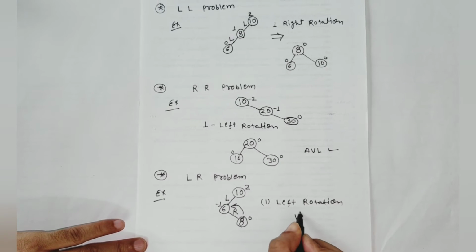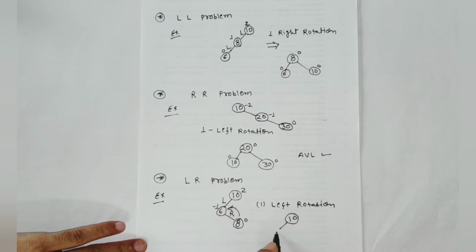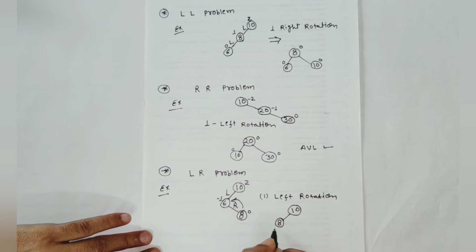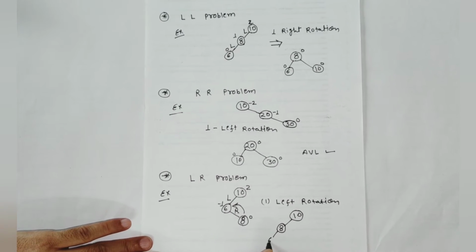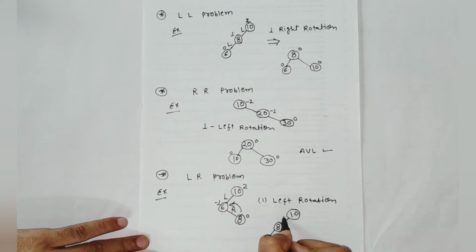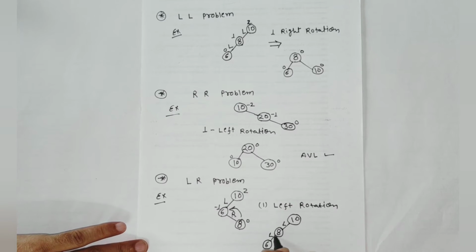So 10 will be as it is. After that, 10 we will rotate to the left hand side. So 8 will be our new node and 6 will be downwards.